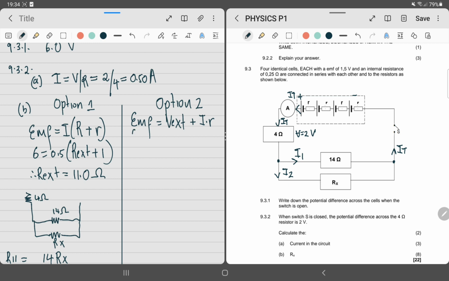The EMF is 6. V external we do not have. The current is 0.5. The internal resistance is 1. So V external should be equal to 6 minus 0.5. So I am getting 5.50 volts.